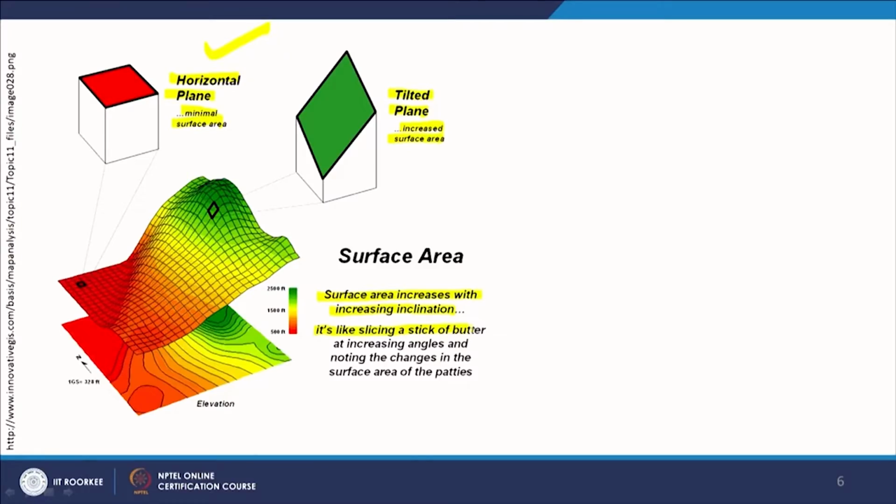It's like slicing a stick of butter at increased angles and noting the changes in the surface area of the slices. That is why it is very important to understand this difference: planimetric area or planimetric length will always be less compared to your surface area or inclined area.